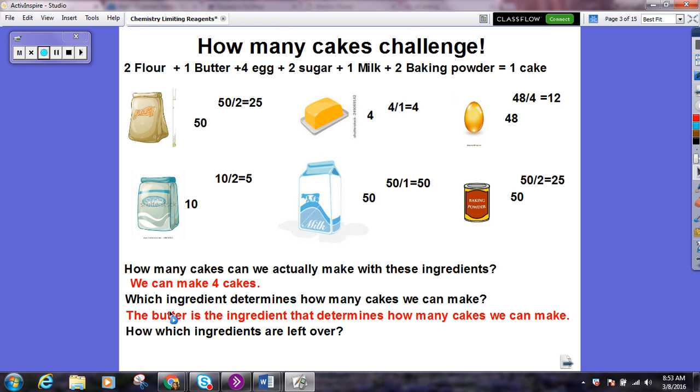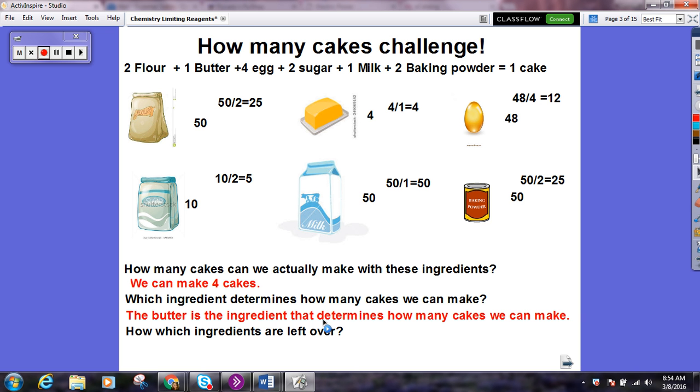So let's say we needed 12 eggs per unit of cake. If we had 48, we would take the 48 divided by 12, and we would end up with 4. So eggs could also be the agent that determines how many cakes we can make.